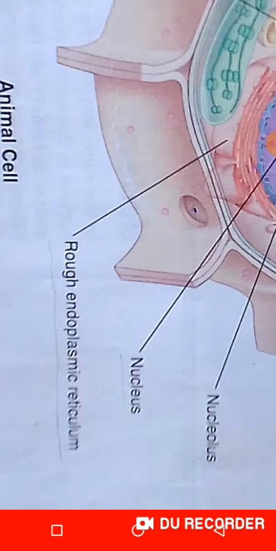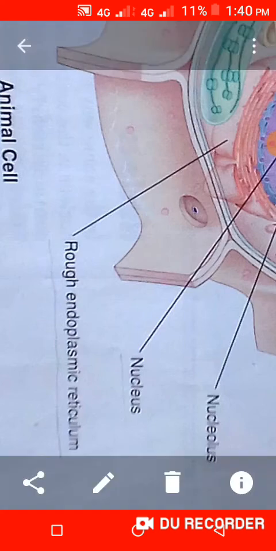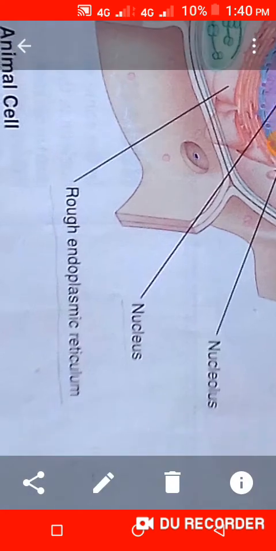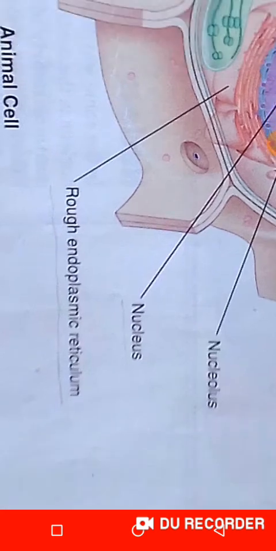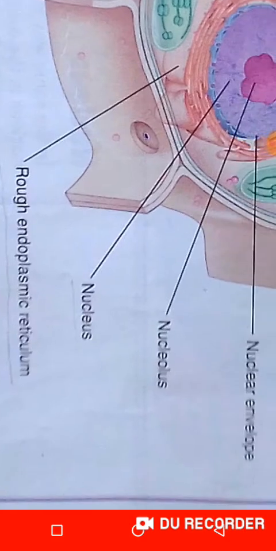Therefore, in the cell, lipids are manufactured in the endoplasmic reticulum. Lipids are made from glucose. Some of the glucose made during photosynthesis will be used to make lipids in the endoplasmic reticulum, and the endoplasmic reticulum also forms proteins.